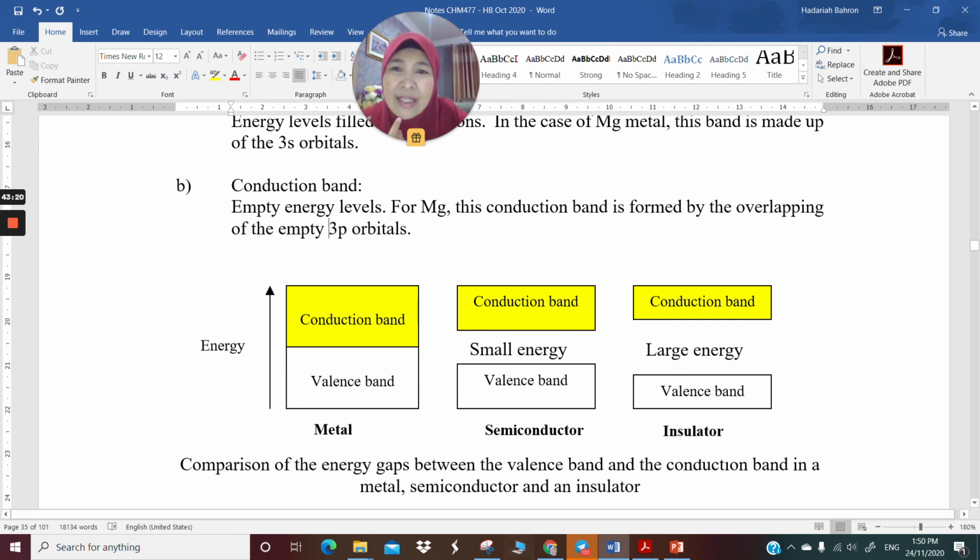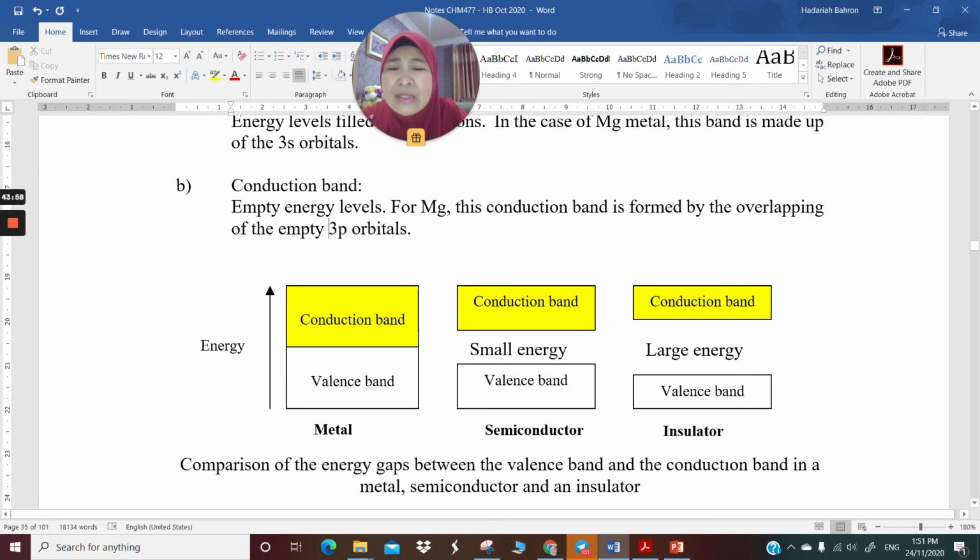When you provide enough excitation energy, they can start to become conductors. So this is the simple explanation why insulators do not conduct electricity, because of the very large energy gap, and why semiconductors only conduct electricity under certain conditions or excitation.